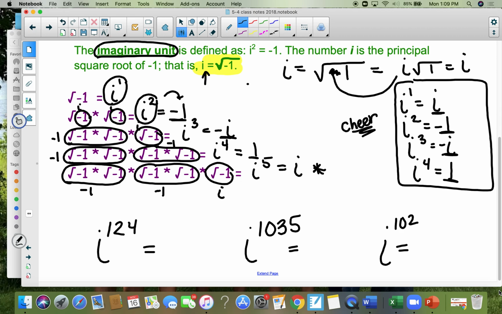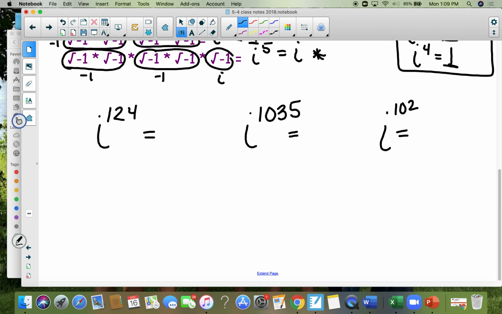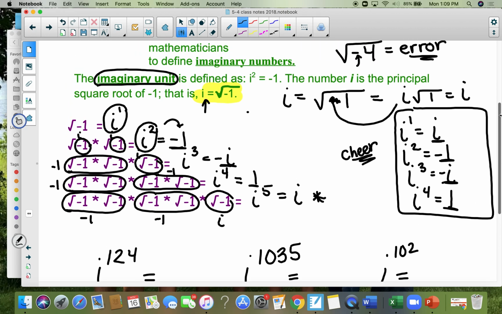So now, we're going to go higher. Before I do i to the 124th or i to the 1035th or i to the 102nd, I want to do i to the 17th power. So, how would I do i to the 17th? So let's look up here. It's got to be one of these 4 answers, right? i to the 17th.